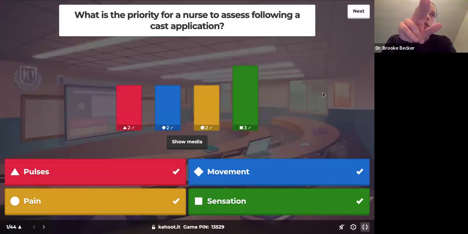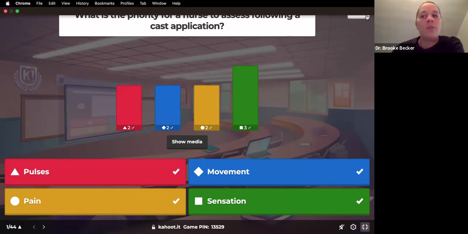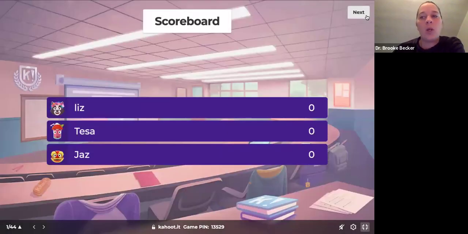If you can reach their pulses, like posterior tibial pulse, so back behind their ankle bone, or the dorsalis pedis pulse, or if it's their arm, check their radial pulse. You want to assess that they can feel pain or sensation touching, and that they're not having extreme pain after having a cast placed. Okay, good.